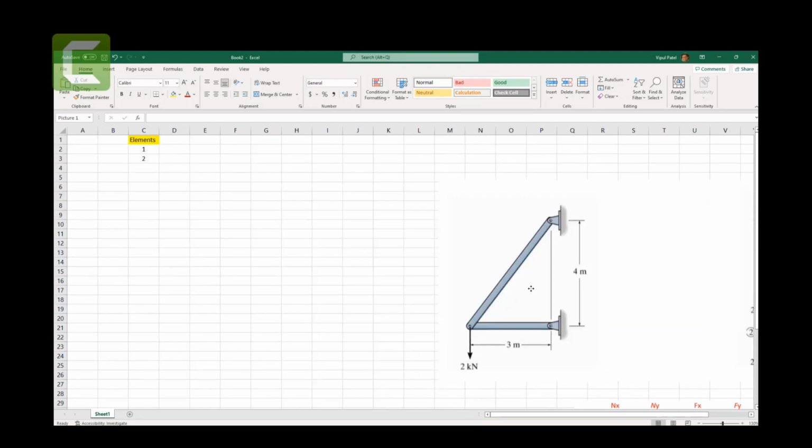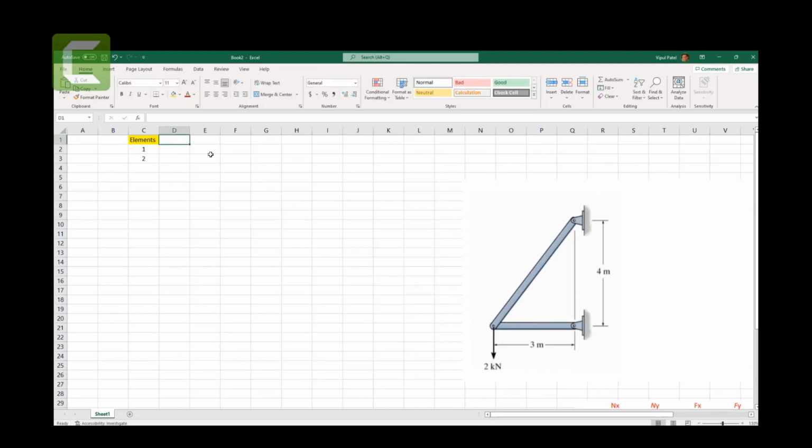Now let's say you want to have the length, in meters. So element 1 has a length of 3 meters, and element 2, you remember that we calculated 5 meters. You remember that, right?